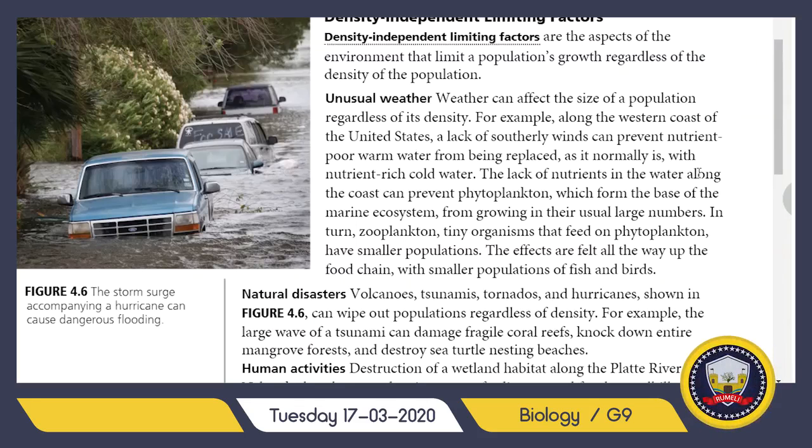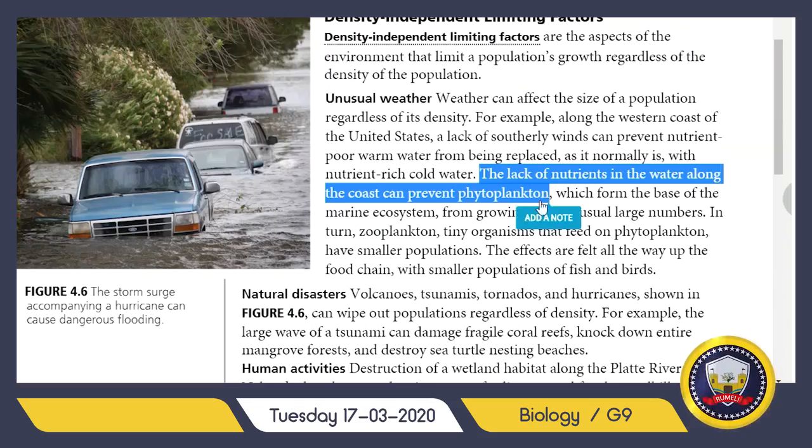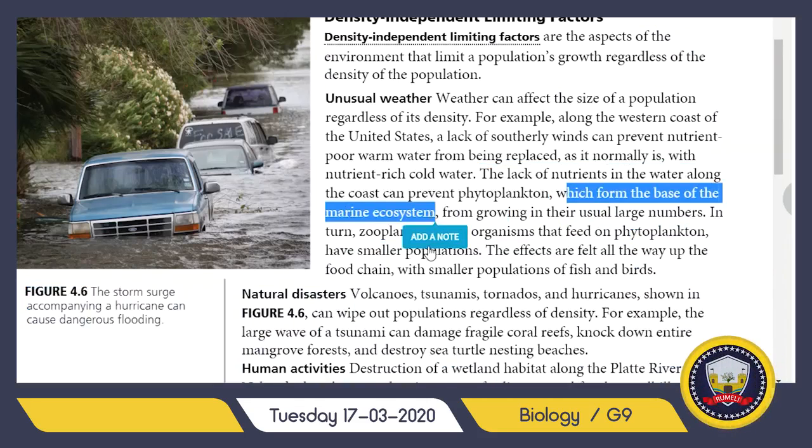For example, in the United States, a lack of southerly winds can prevent nutrient poor warm water from being replaced. Okay? So, the lack of nutrients in the water along the coast can prevent phytoplankton, which form the base of the marine ecosystem, from growing in their usual large numbers.